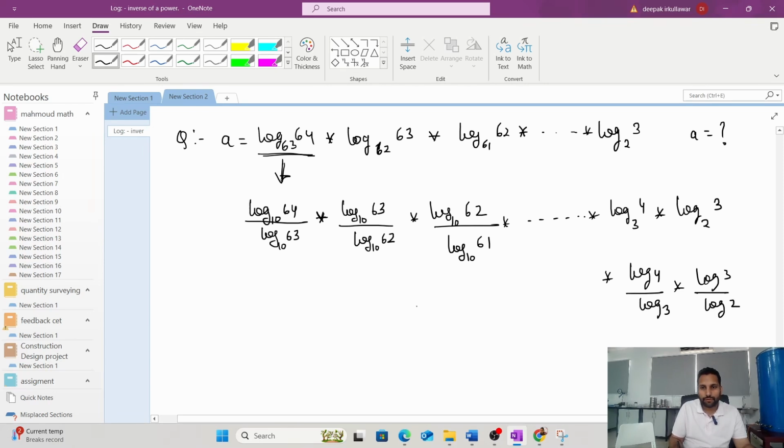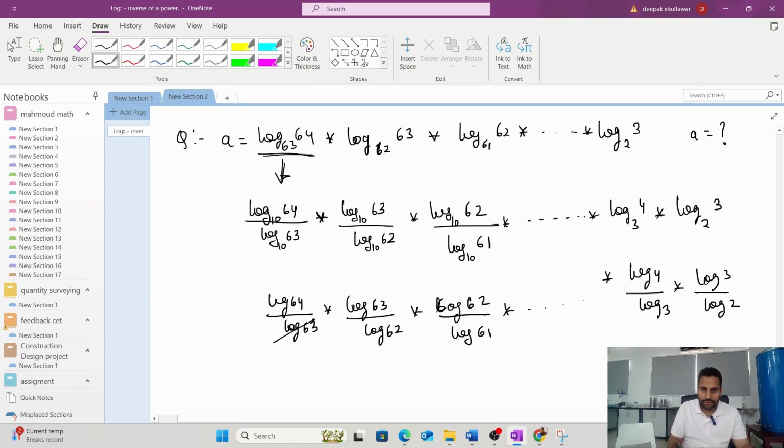So if you see this entire thing, it is log 64 over log 63, log 63 over log 62, log 62 over log 61, and so on.